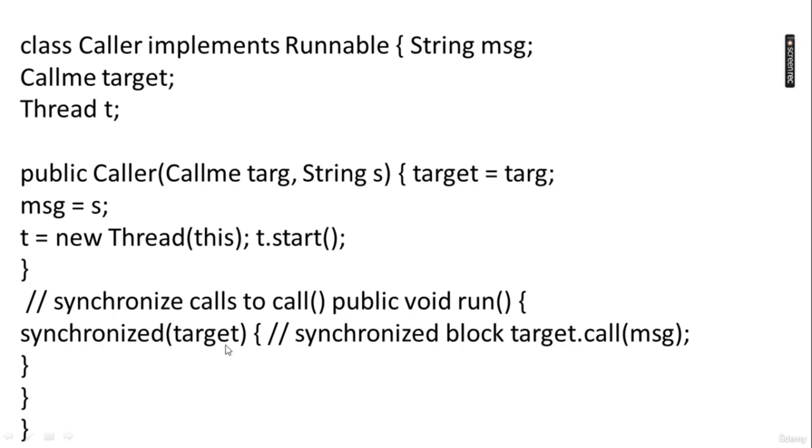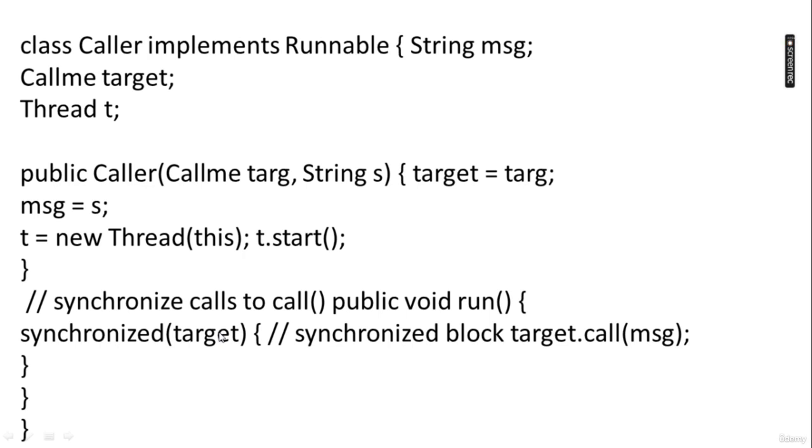Public void run, synchronized(target). This is the block. Target is the object. Okay. So the target that we have initialized in the parameterized constructor, while creating the Caller object, we will pass this Callme target object, and this object will be passed over here to be synchronized. So one object will get access to that method at a time.